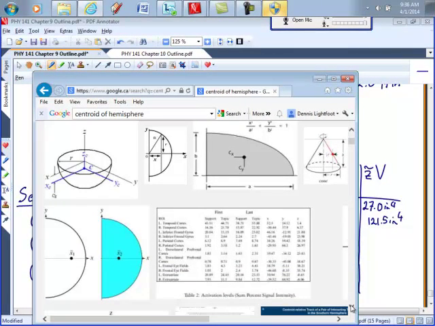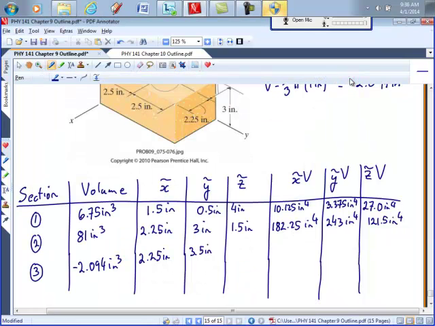It's 3/8 of r? Okay, that sounds right. So that's from the flat side, exactly. 3/8 of r from the flat side. So r was 1, which makes it easy.